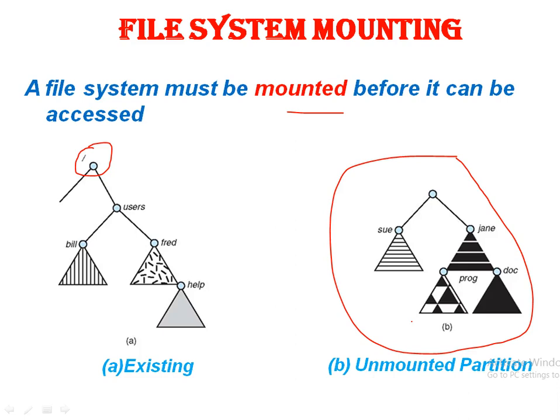Next, after inserting it, the operating system will verify that the device contains a valid file system. So here, if I see /user/fred/help, similarly, if I want to access or insert this particular partition into this particular area, then it will be /root or /home/jane/doc.